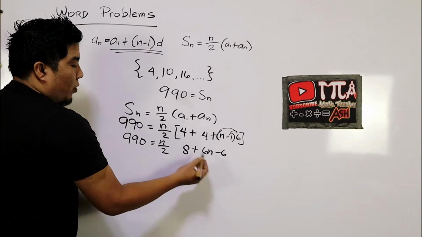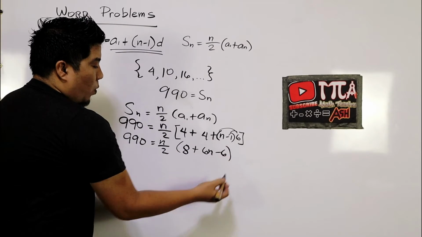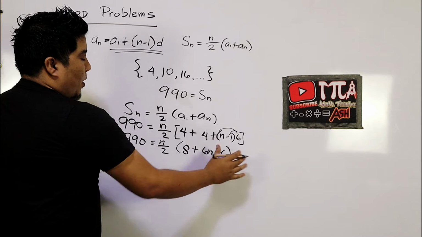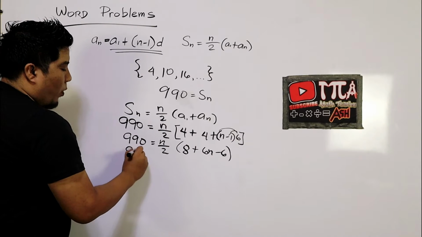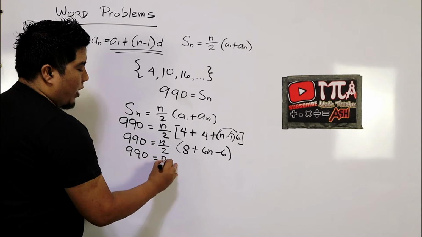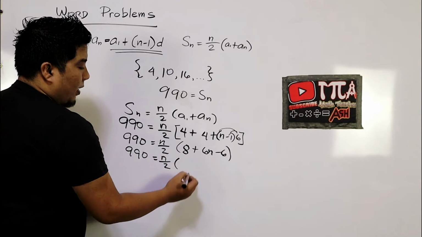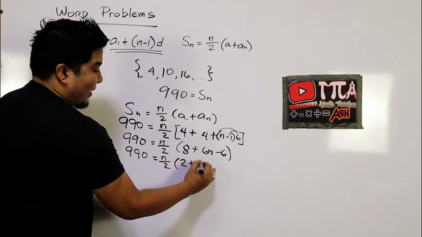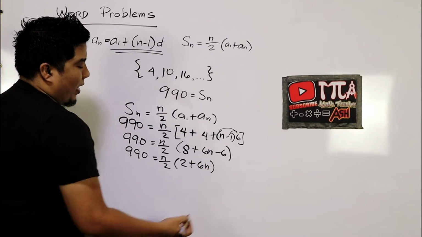So now we will have this expression in the given bracket. Continuing, we have 990 is equal to n over 2 times 8 minus 6, that is 2, so 2 plus 6n.